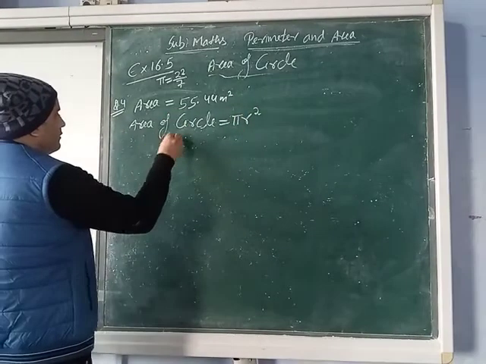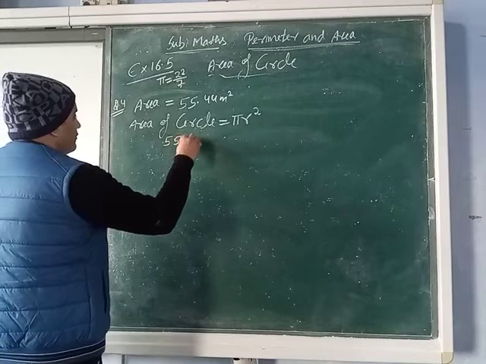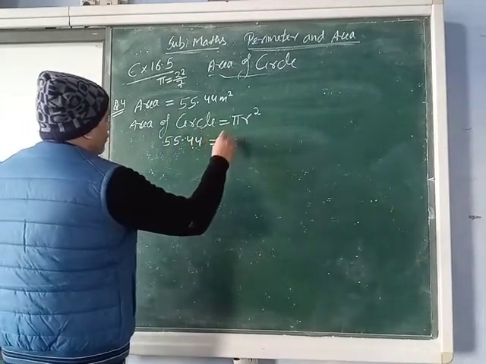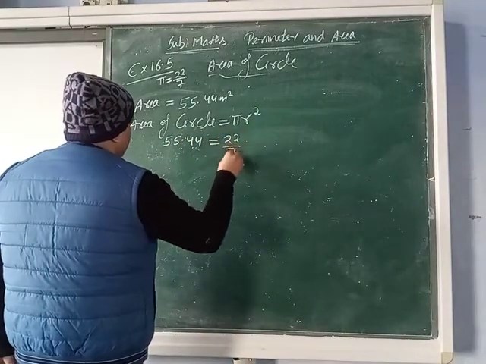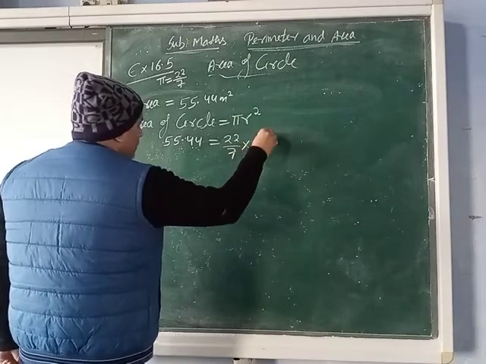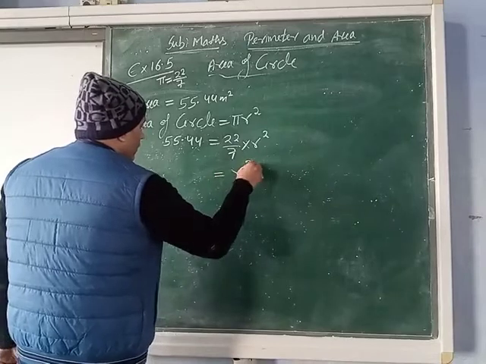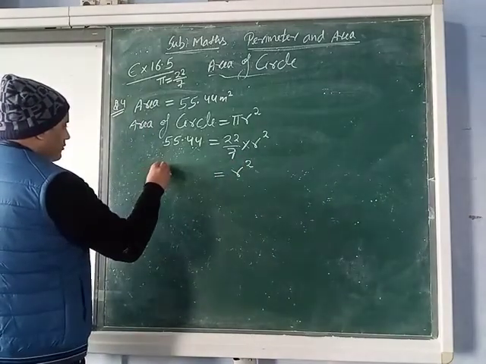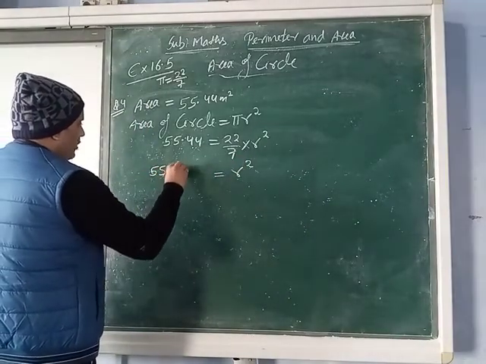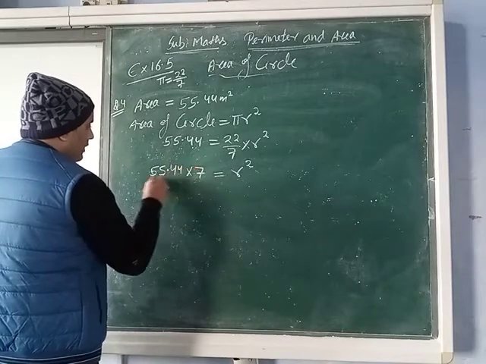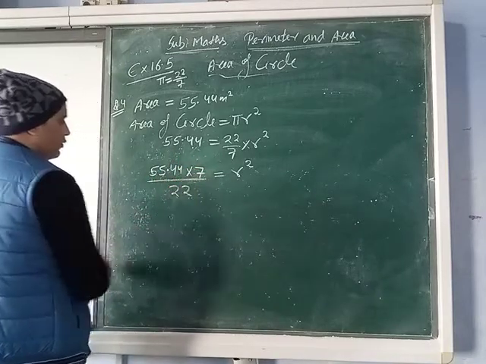The value of pi is 22 by 7, times r square. So r square is equal to 55.44 multiplied by 7 upon 22.